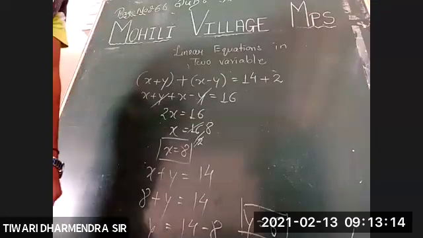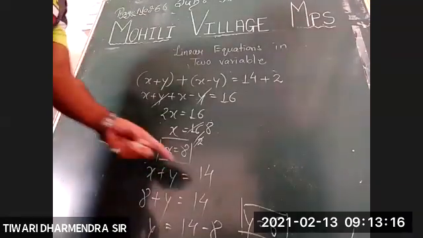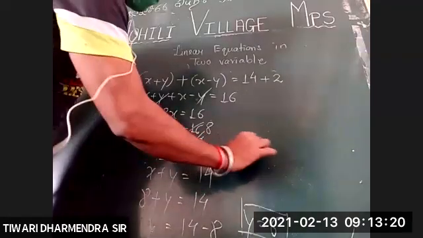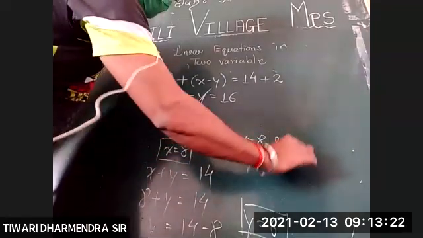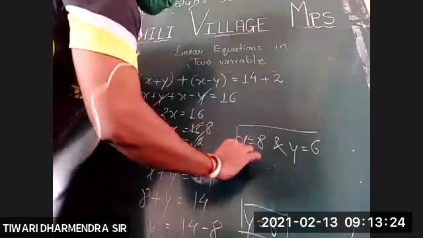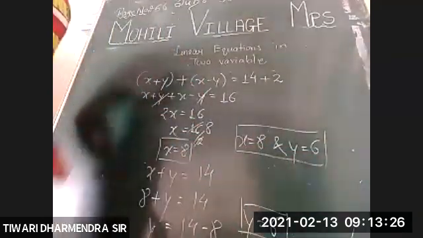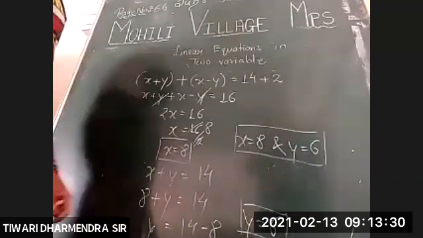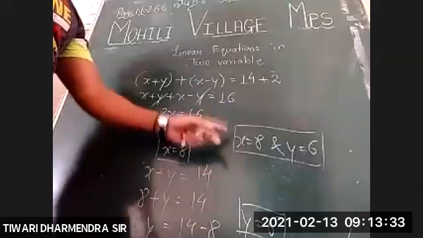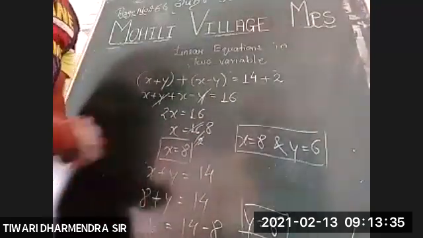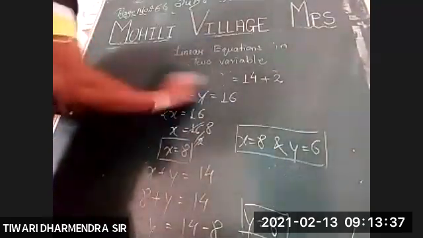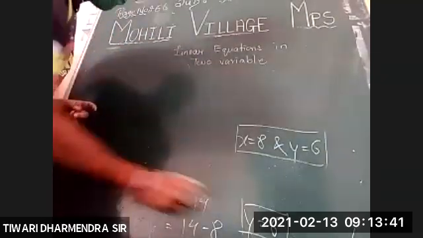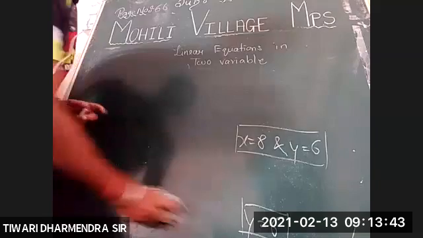So let's move further. The values that we got are x as 8 and y as 6. This value is called the solution of the given system of equations. Why is this called a solution?